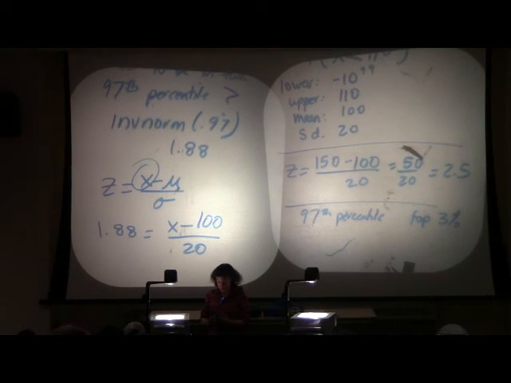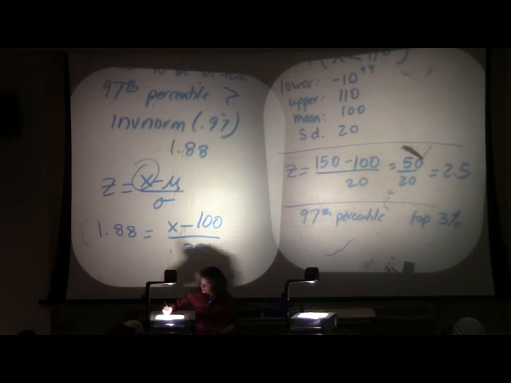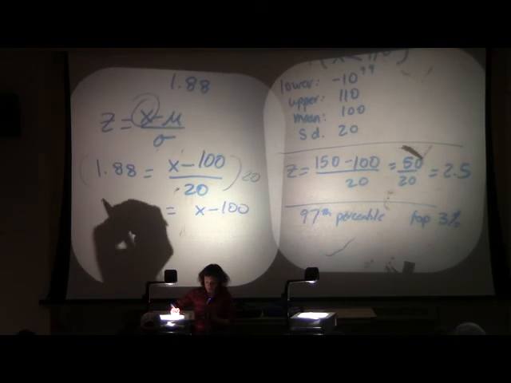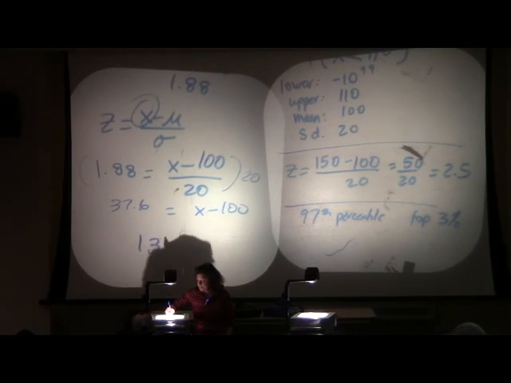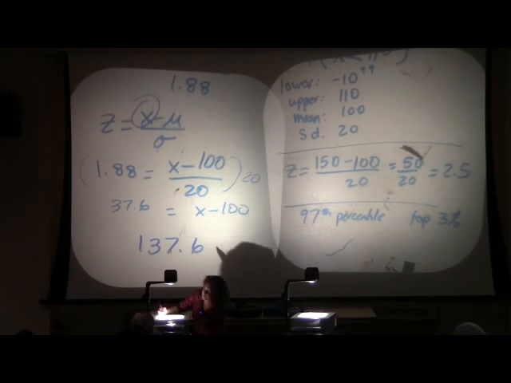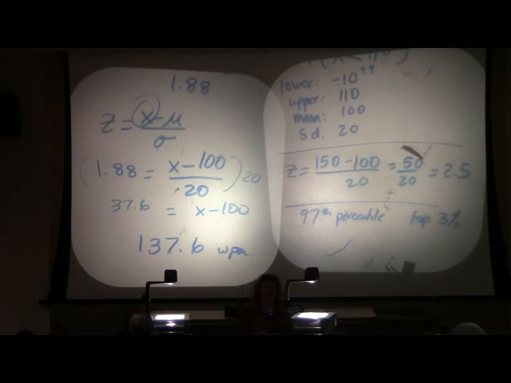All right, what you do is you take 20 times both sides to get rid of your denominator. On my right side, I get x minus 100. On my left side, I'm going to get 37.6. So do you agree it's 137.6 words per minute? Are there any questions on this?